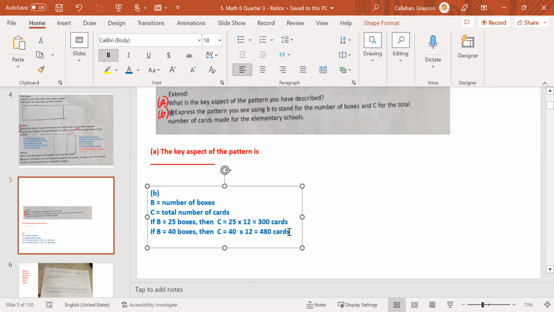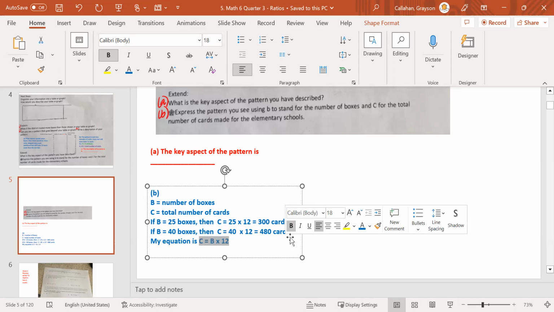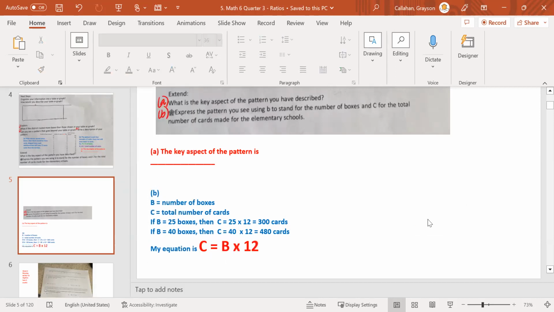Okay, so then my equation is C equals B, the number of boxes, times 12. That's your equation. C, which is the total number of cards, is equal to B, which is the number of boxes, times 12. Do you see that, Grayson? So I'm going to have you go over this on your own, okay? But this is done. And that concludes today's stuff.